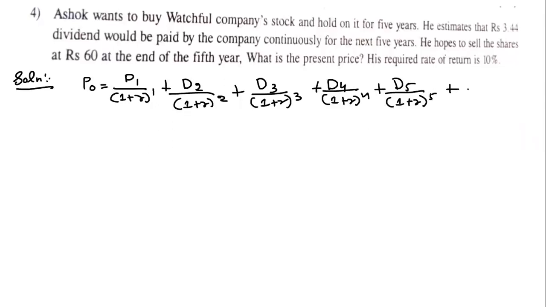And last is Pn, the price after n years, divided by 1 plus R raised to 5.